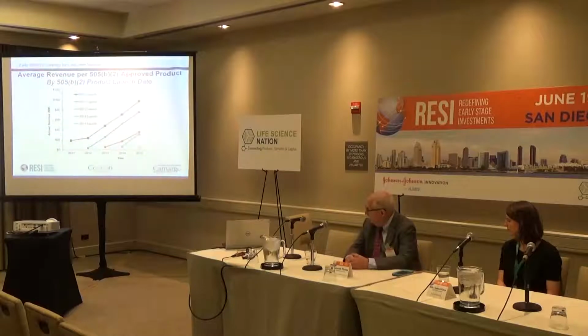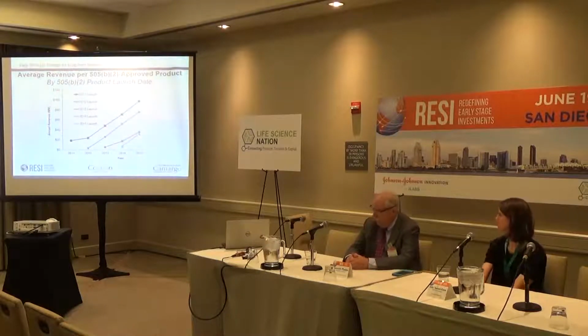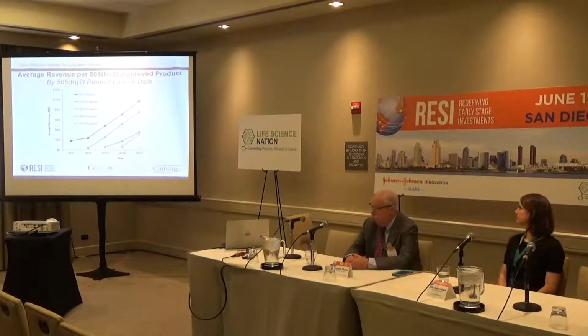For example, drugs approved in 2011 took a little while before they took off, but by 2013 the average revenue was around $50-some-odd million. That's how you read that. And we need to update this slide for more recent years.